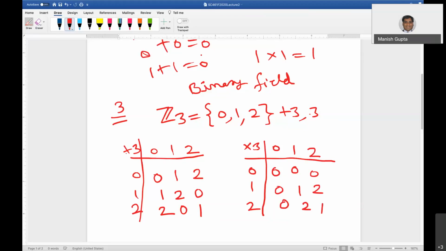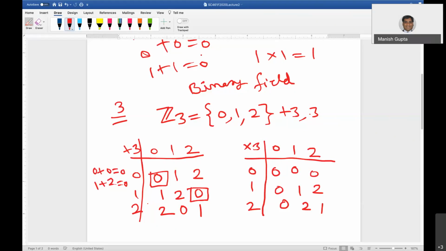So again, I can check the additive identity here in this table. This shows that 0 plus 0 is 0, so 0 is self-inverting. Look at the second identity. That means 1 and 2 are inverses of each other. So I can write down 0 plus 0 is 0, 1 plus 2 is 0.